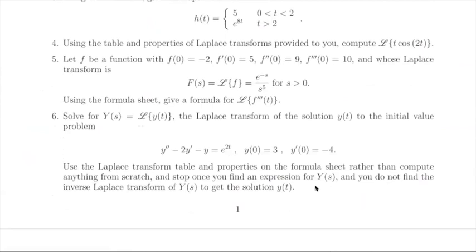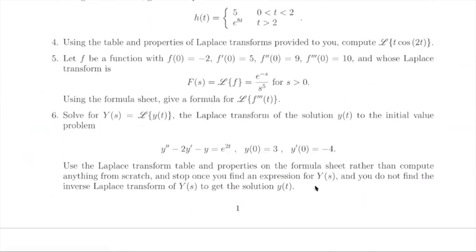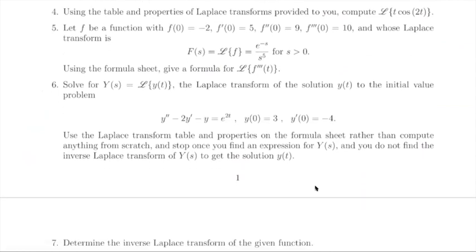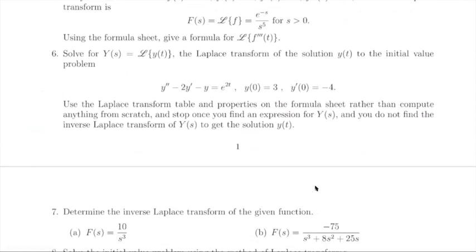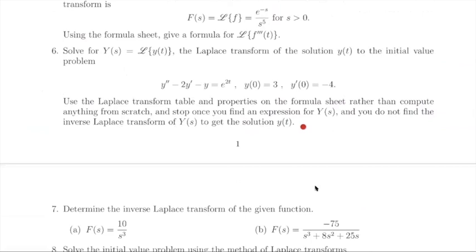Yeah, so 6 was one of these problems exactly where you're not required to find the inverse Laplace transform of y of s. So if you wanted to work on 6, just copy this.